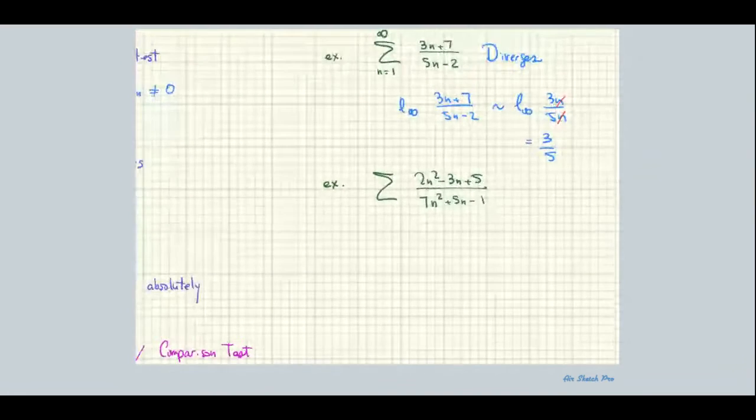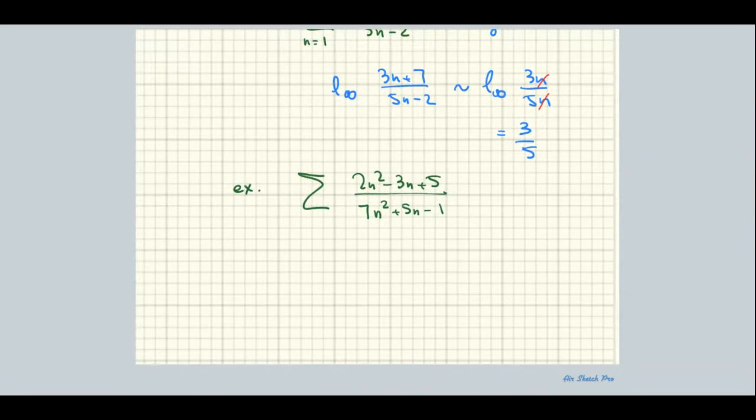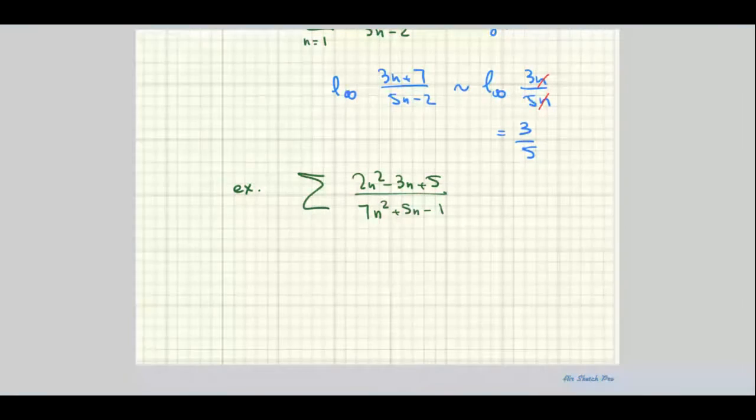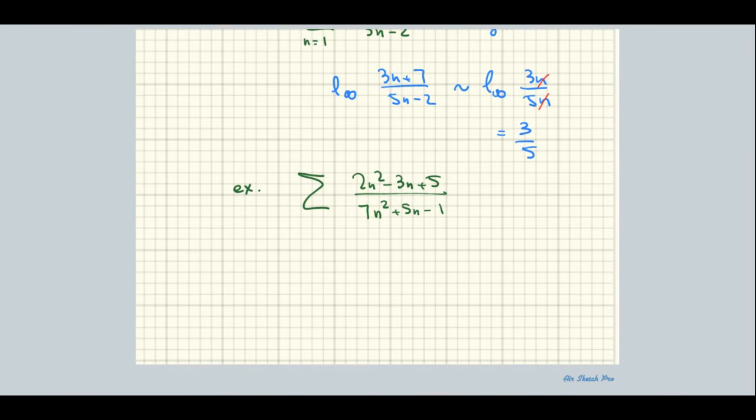Okay. So let's check this one, guys. Let's check this one. What's the first test we always try? Anyone? I suggest call it nth term. Nth term. Yeah, that's the best idea, Patrick. Yeah, call it nth term.